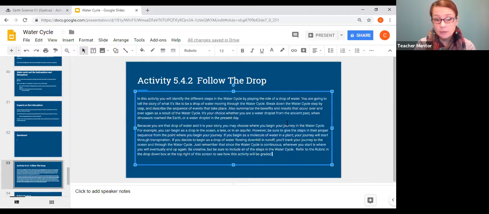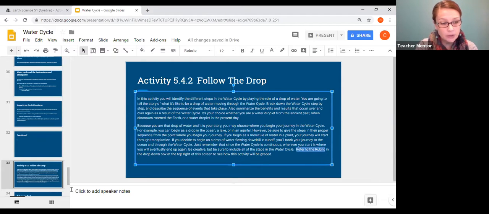Also, it says to break down the water cycle step by step, describe the sequence of events, and summarize the benefits and results. This very last sentence tells me to refer to the rubric. As a student, that tells me I have a rubric that I can look at, and a rubric is going to tell me how it's going to be graded.